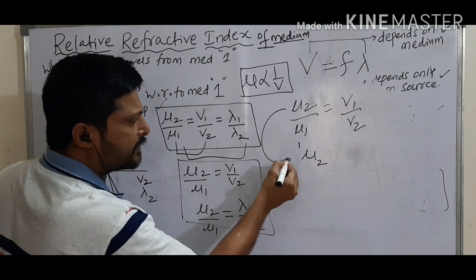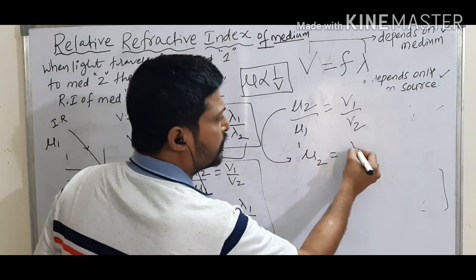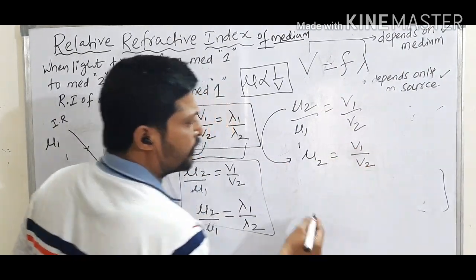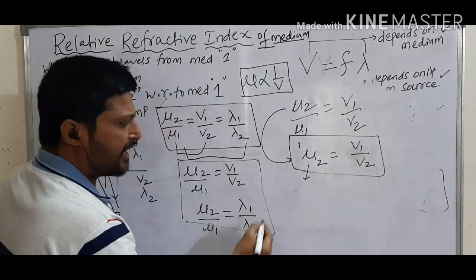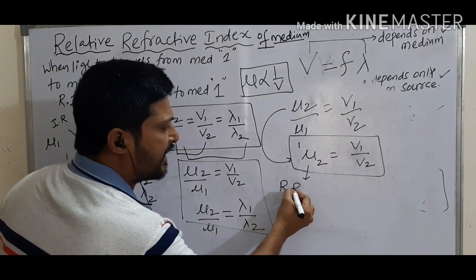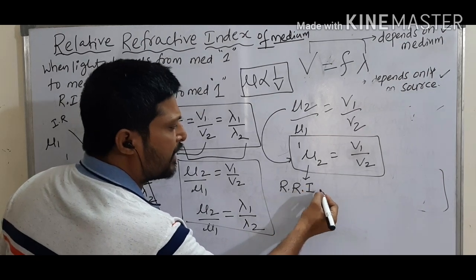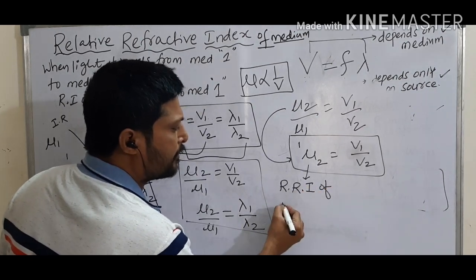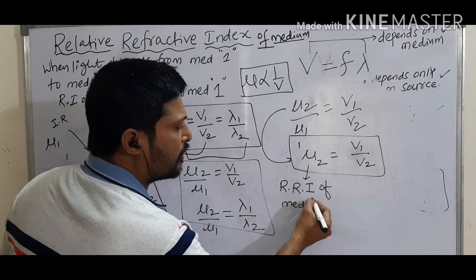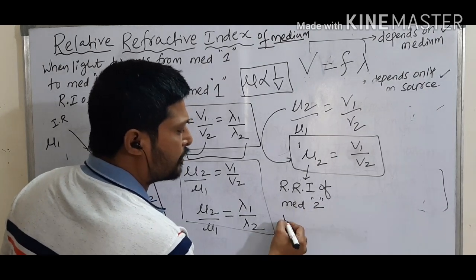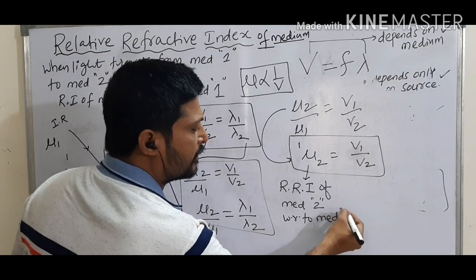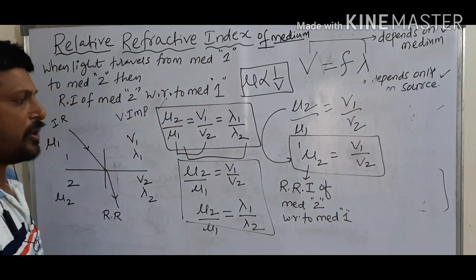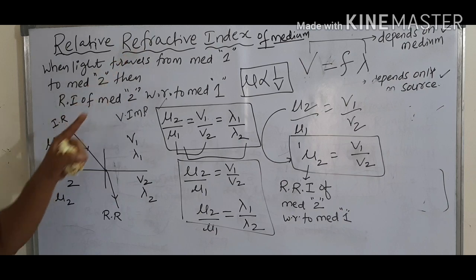We read this as the relative refractive index of medium 2 with respect to medium 1. What is meant by relative refractive index?